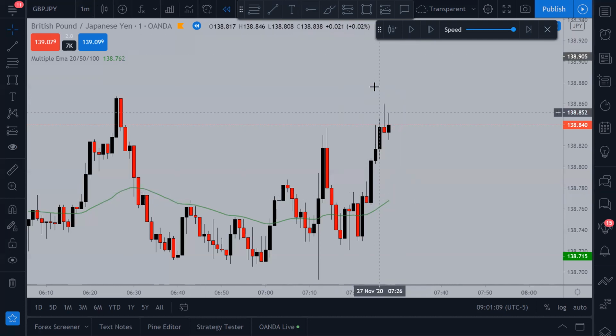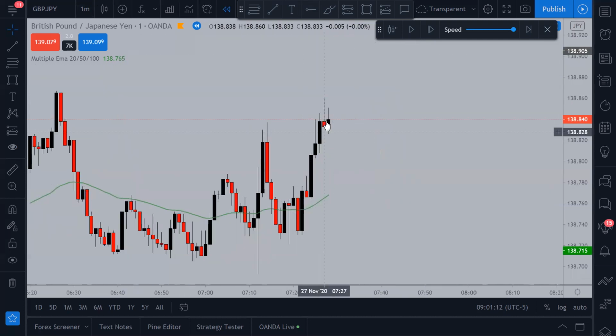So what we have here is a clean break. That's the first thing I'm going to do when I'm scanning through my pairs. The thing that will catch my eye is a clean break. If that's a clean break, I also want to mark the level where it broke away from, and that would be right about here.